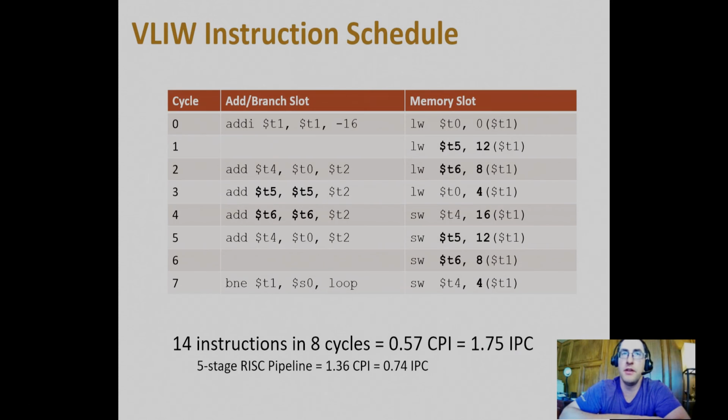Here we have an instruction schedule for the previous program on our 2-issue VLIW machine, where we've got our ALU branch slot on the left and our load word, store word slot on the right. And we have to avoid load use hazards.